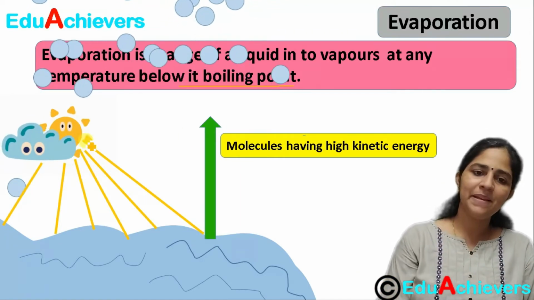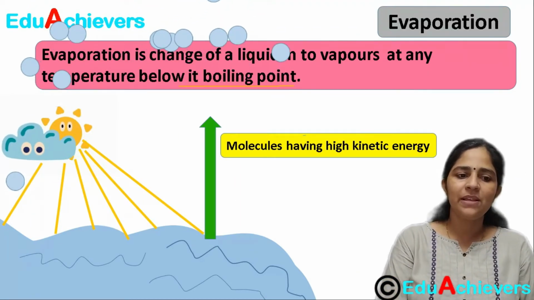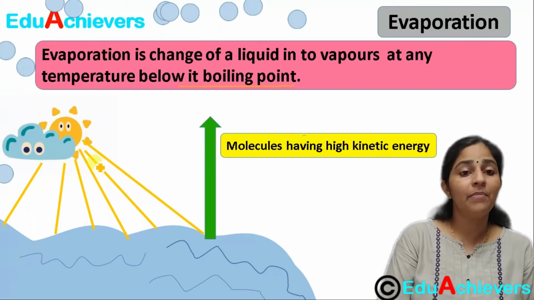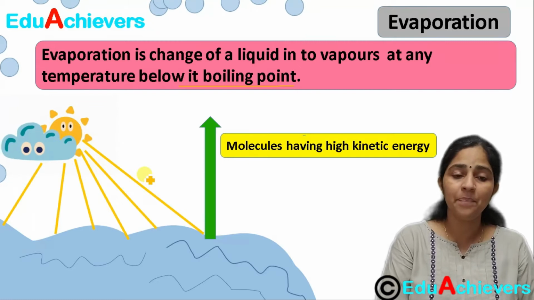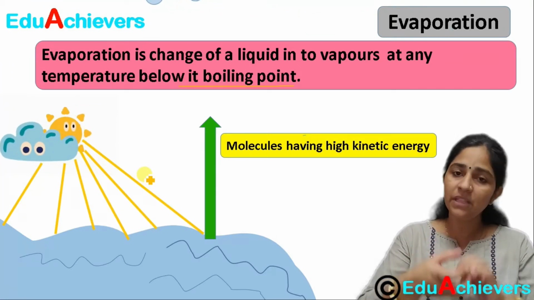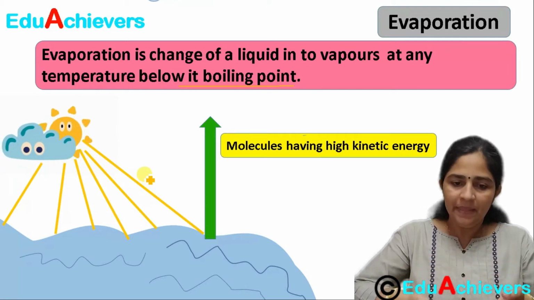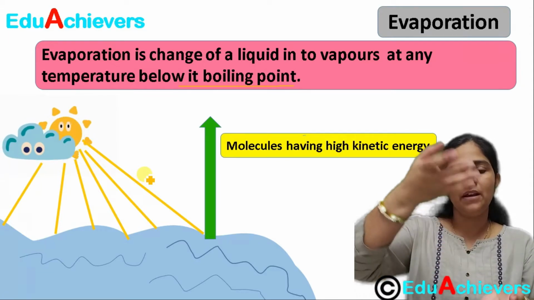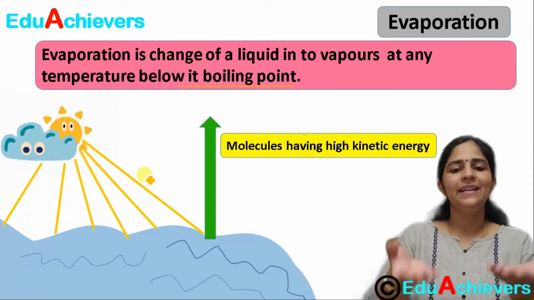So what happens basically is that whenever the molecules absorb heat and their kinetic energy becomes high or sufficient to overcome the forces of attraction between the molecules, they become free, take the gaseous form of water vapors, and rise up.